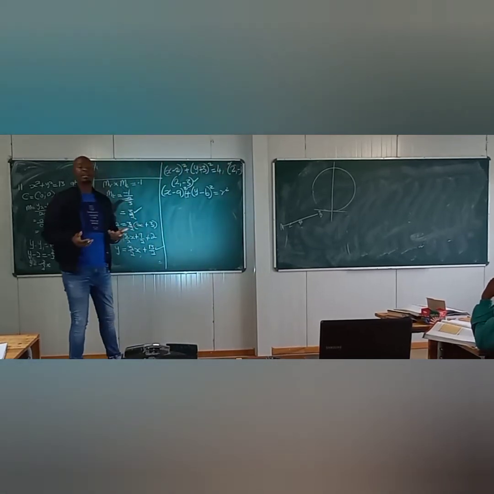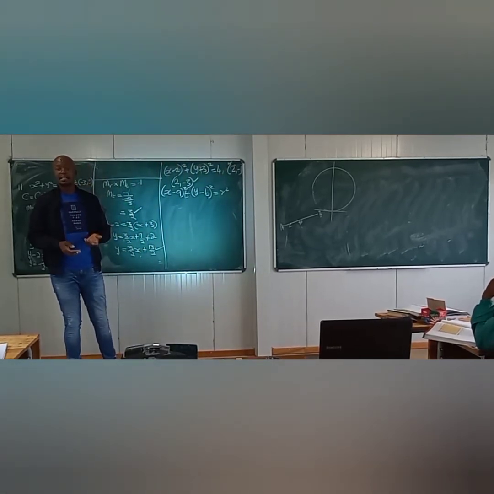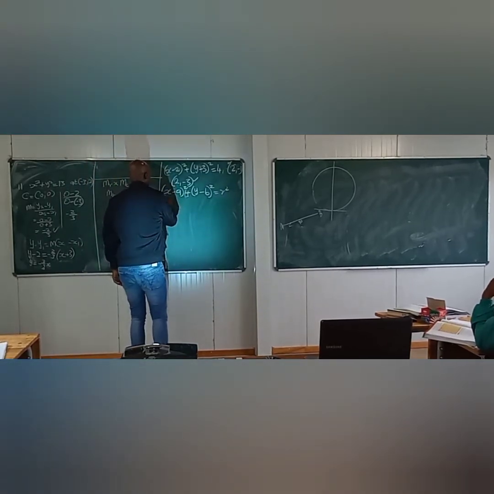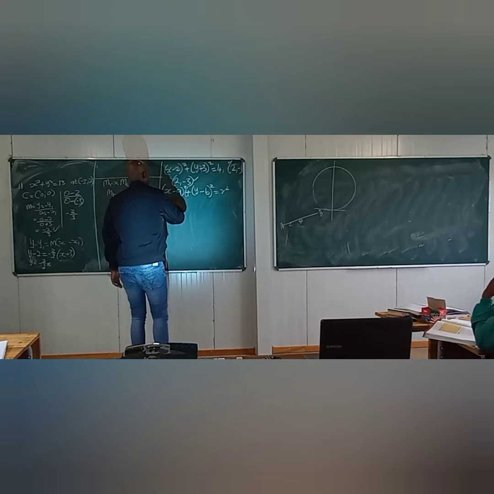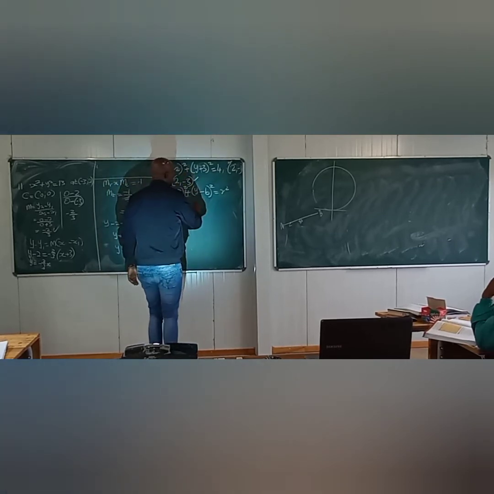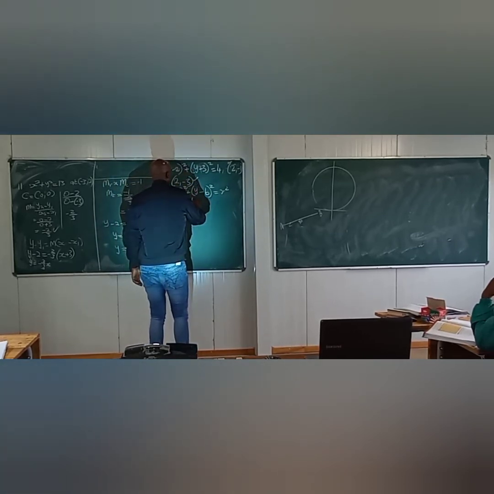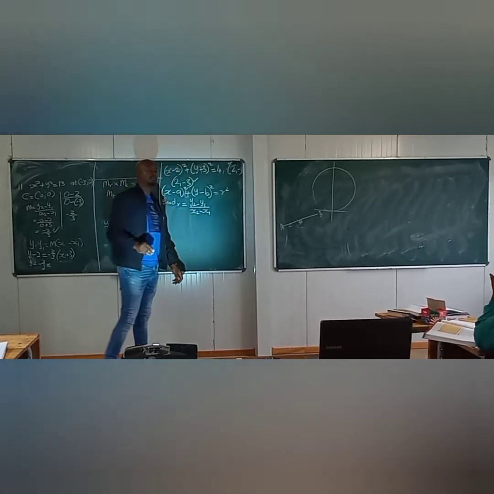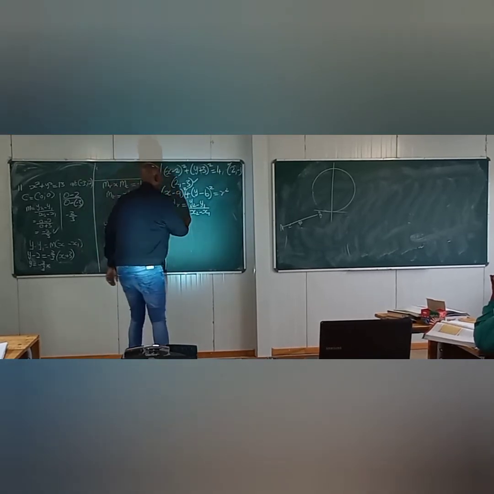Again, therefore we can find what? The gradient of the radius. Gradient of the radius equals y2 minus y1, again divided by x2 minus x1. Right? Then we substitute. What is y2?